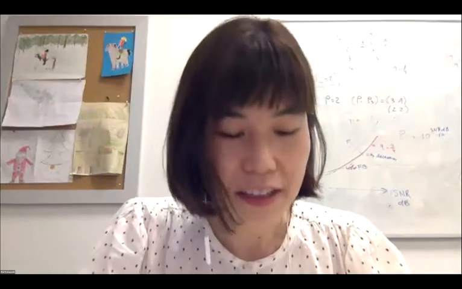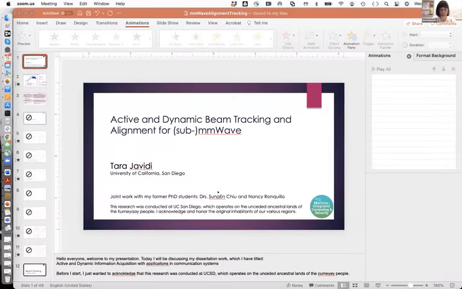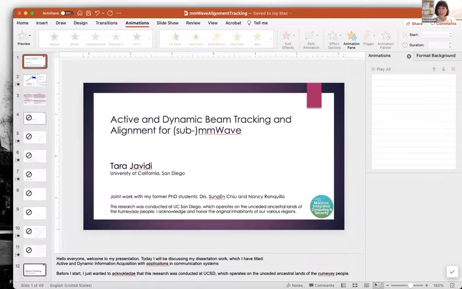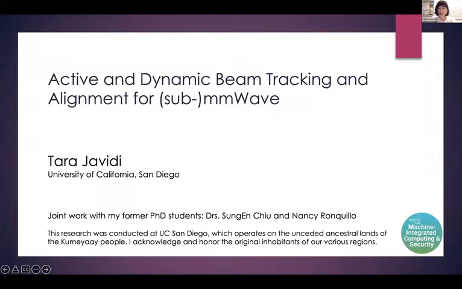Tara is a professor at UC San Diego and the founding co-director of the Center of Machine Integrated Computing and Security. She's an expert in so many things, ranging from active learning, information theory with feedback, and stochastic control to statistical inference, and so on and so forth.